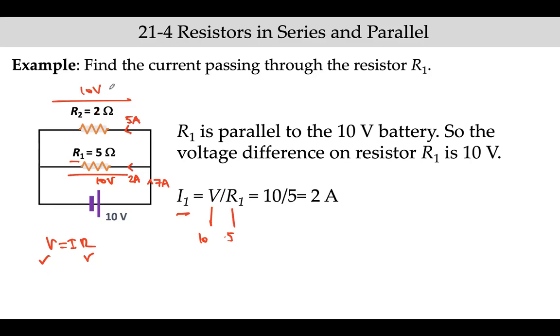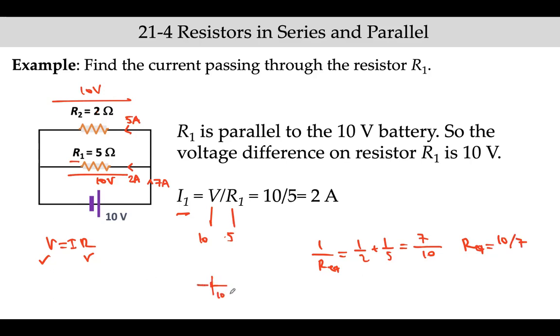Now let's verify by using the equivalent resistance whether these values are correct. To calculate the equivalent resistance, you would use this formula: 1 divided by 2 ohms plus 1 divided by 5 ohms. So this would make 5 plus 2, 7 divided by 10. Okay, but I have to flip this, so R equivalent is 10 divided by 7. So now imagine we have a circuit like this.